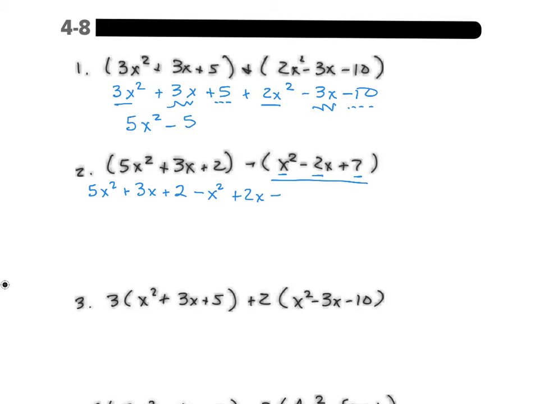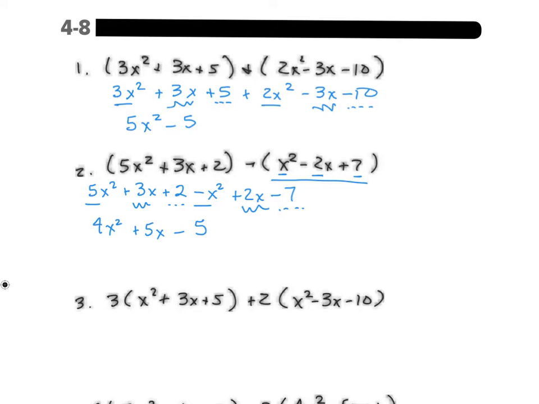I'm subtracting 7, so I have minus 7. Here are my x squareds: 5x squared minus x squared means I have 4x squared. A 3x plus a 2x means I have 5x. A 2 minus 7 means I have a minus 5.